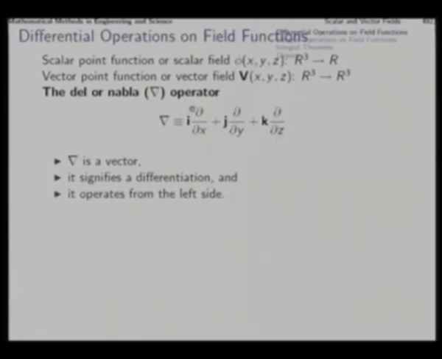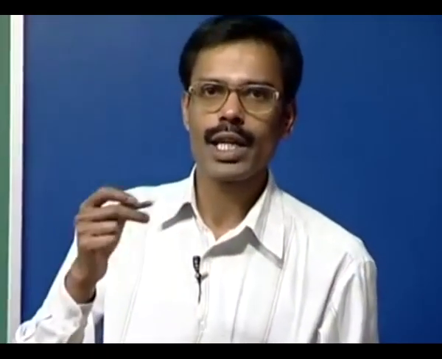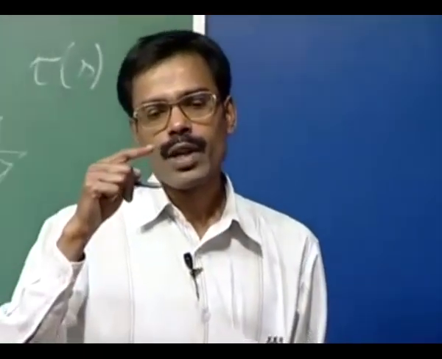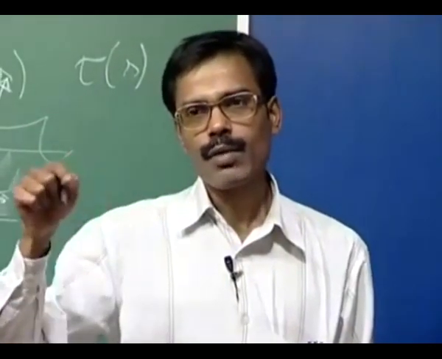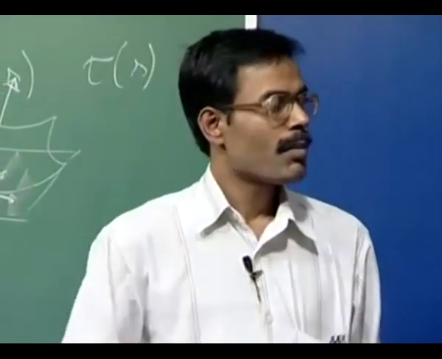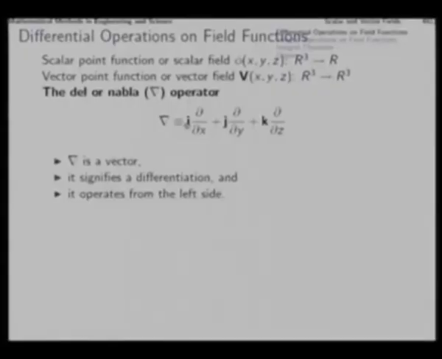Note the particular way this operator is written. Normally, when we write a vector with components along i, j, k, we write axi plus ayj plus azk, but here it is written as i into something plus j into something plus k into something. The reason is that this something is not a quantity, but an operator.